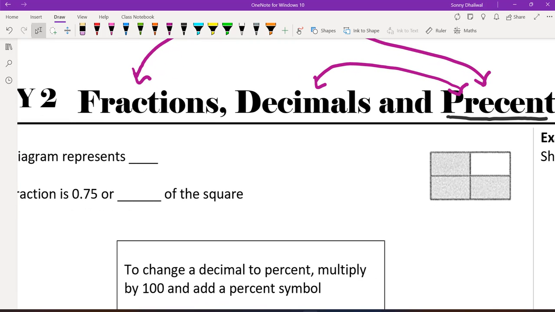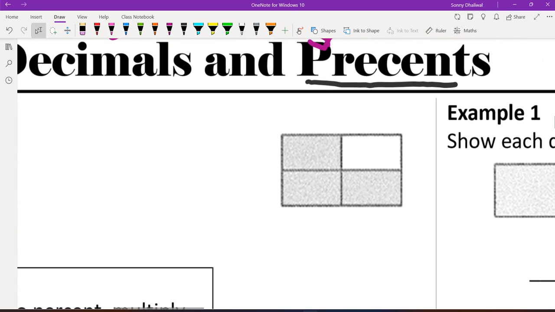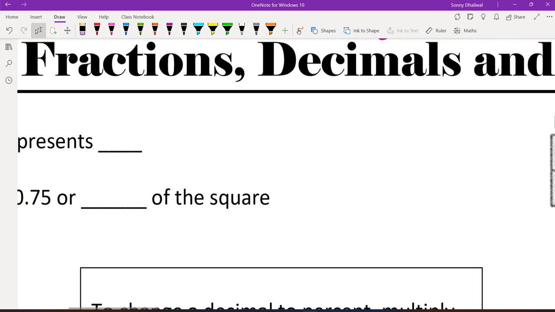Now percents are very special because they're always out of 100, but not everything's out of 100. This diagram here, if I asked you to say how many are shaded, what would you say? 3 out of 4. Right? When you say out of, it means like a fraction line. 3 over 4. 3 out of 4. That is this diagram represented as a fraction.